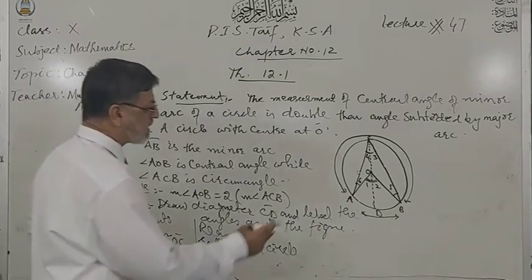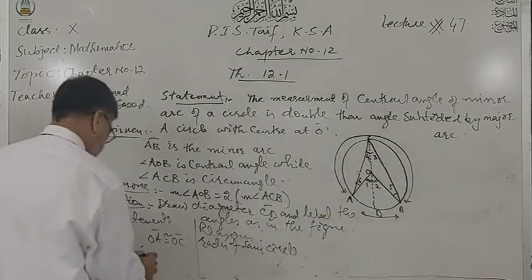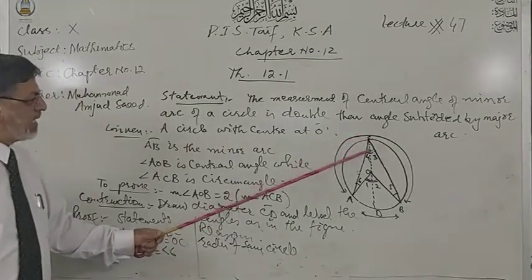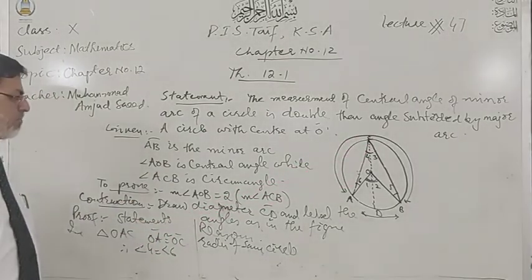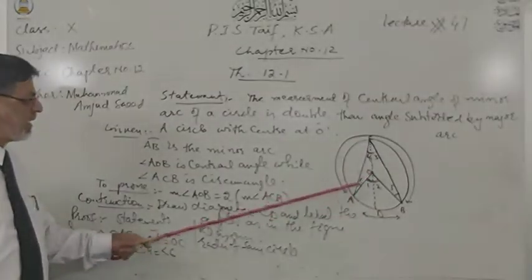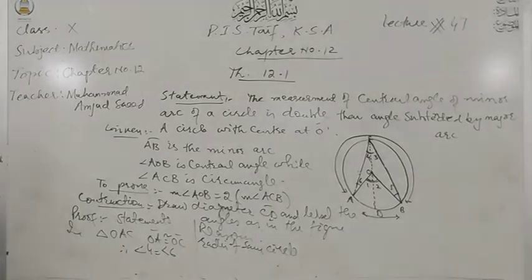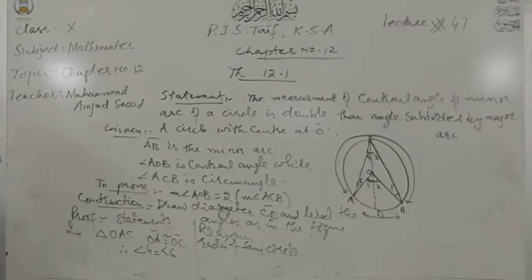If OA is congruent to OC, it means that angle 4 is equal to angle 6. If two sides of a triangle are congruent, their opposite angles are also congruent. So angle 4 is equal to angle 6.